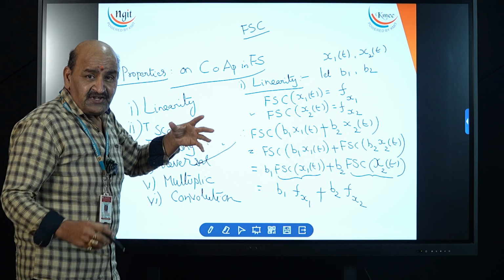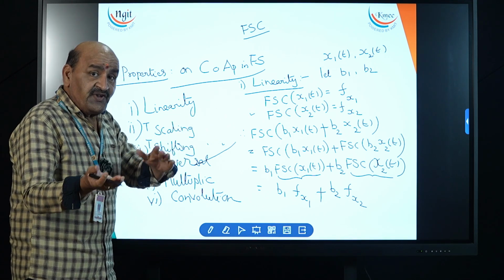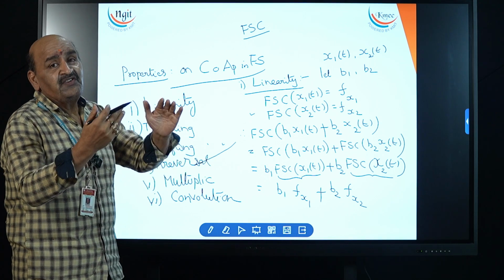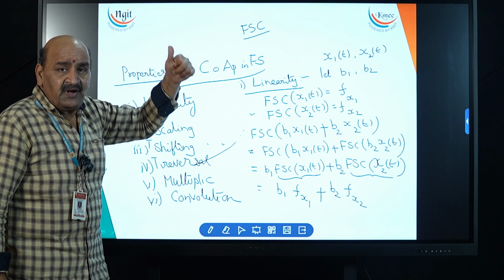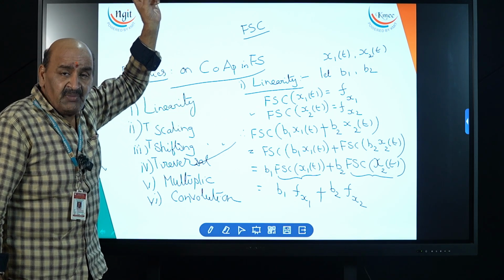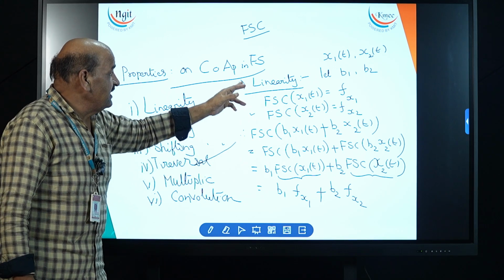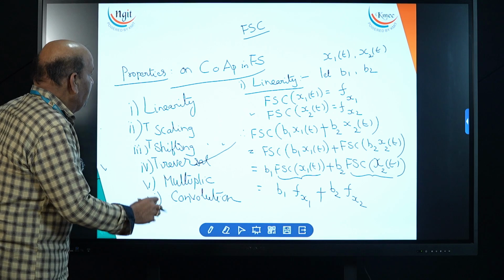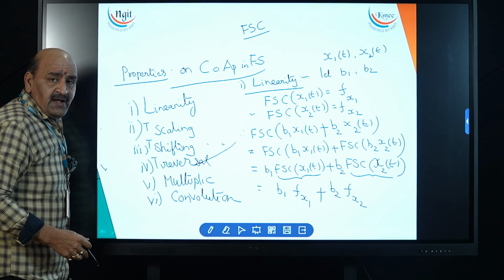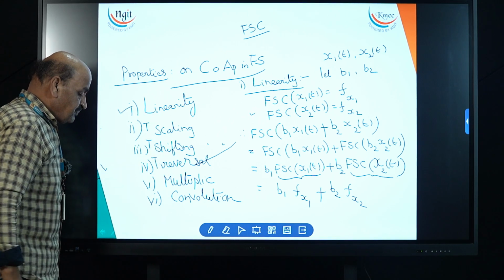Fourier series coefficient of the sum of two signals is equal to the sum of Fourier series coefficients of individual signals. The same property that we discussed as the linearity property at the beginning of signals. Same concept we are using here. That's why this is called a linearity property. So this is the first property of the Fourier series coefficient. So first property is over.